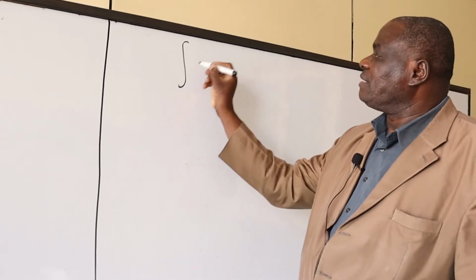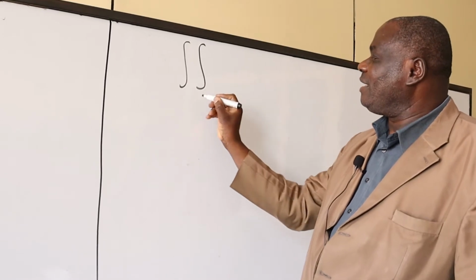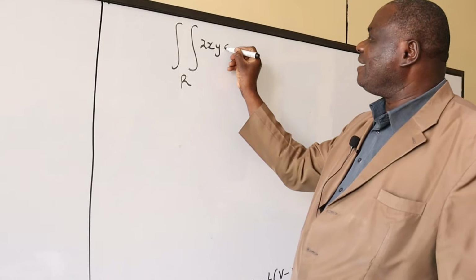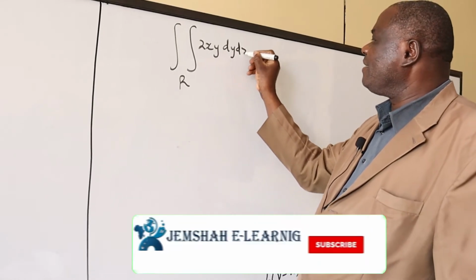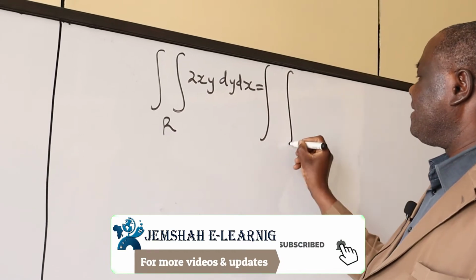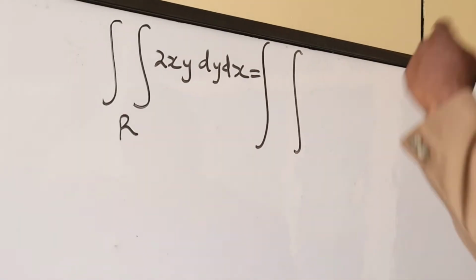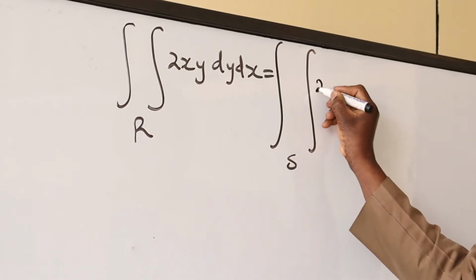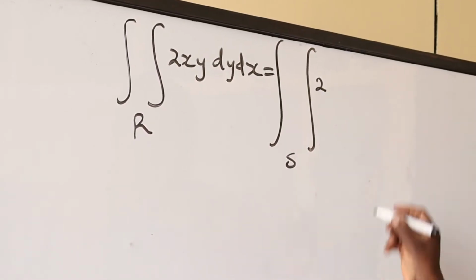So the double integral over R of xy dy dx will now be equal to the double integral over the region S, where our x is what?